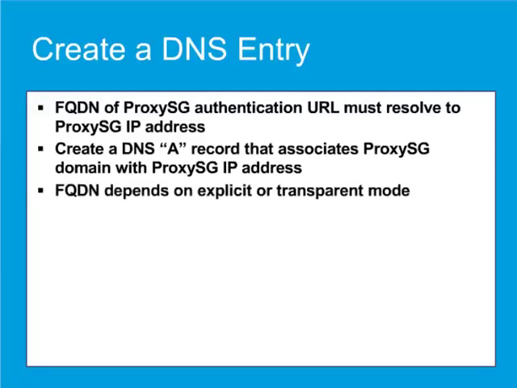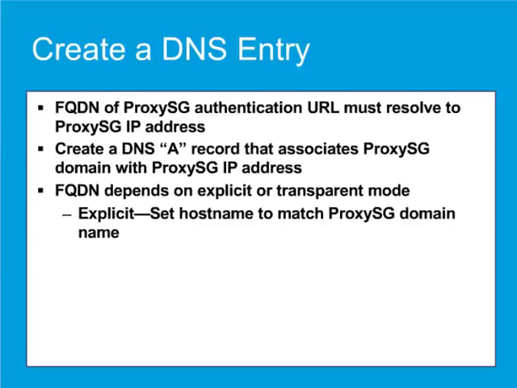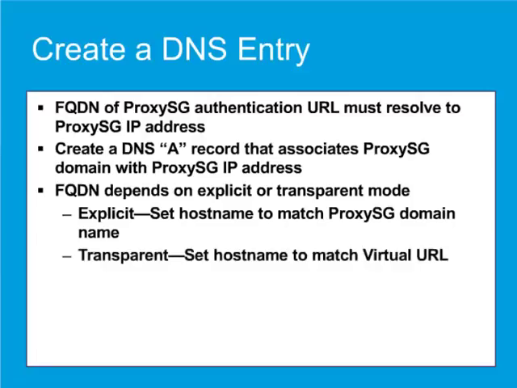The fully qualified domain name that you use depends on whether you are using an explicit or transparent deployment. For explicit deployments, set the host name in the DNS record to match the ProxySG domain name specified in the browser's explicit proxy configuration. For transparent deployments, set the host name in the DNS record to match the virtual URL in the IWA configuration.